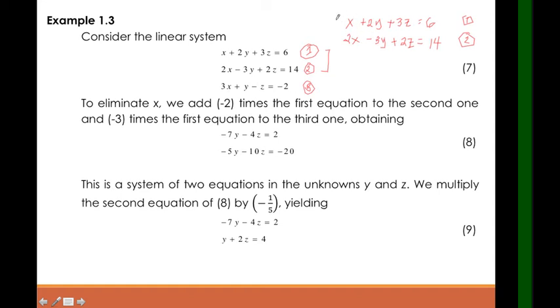Diba? So, we need to have negative 2 here. So, that will become negative 2x, then minus 4y minus 6z equals negative 12.